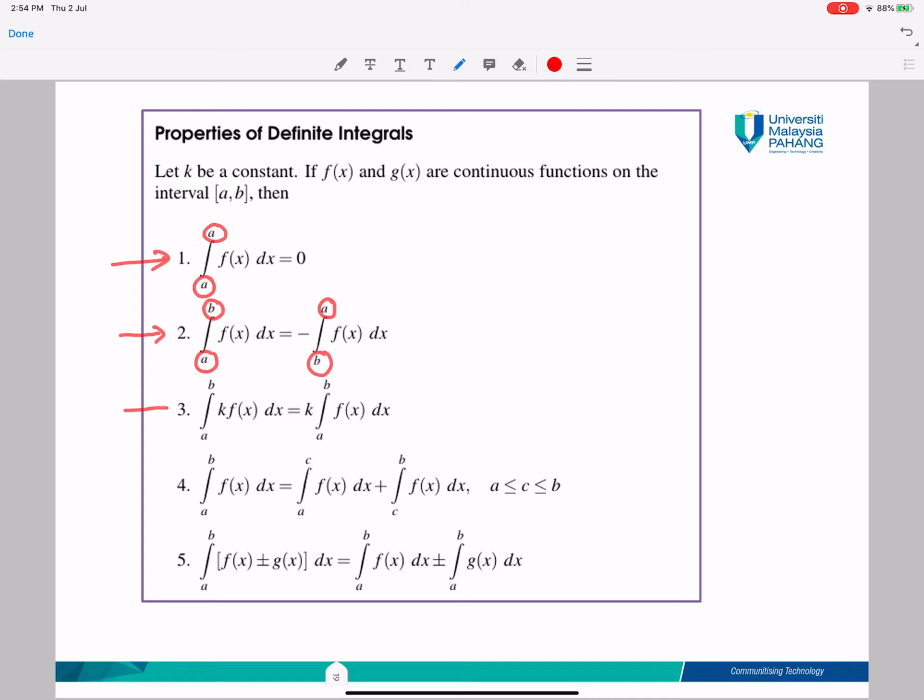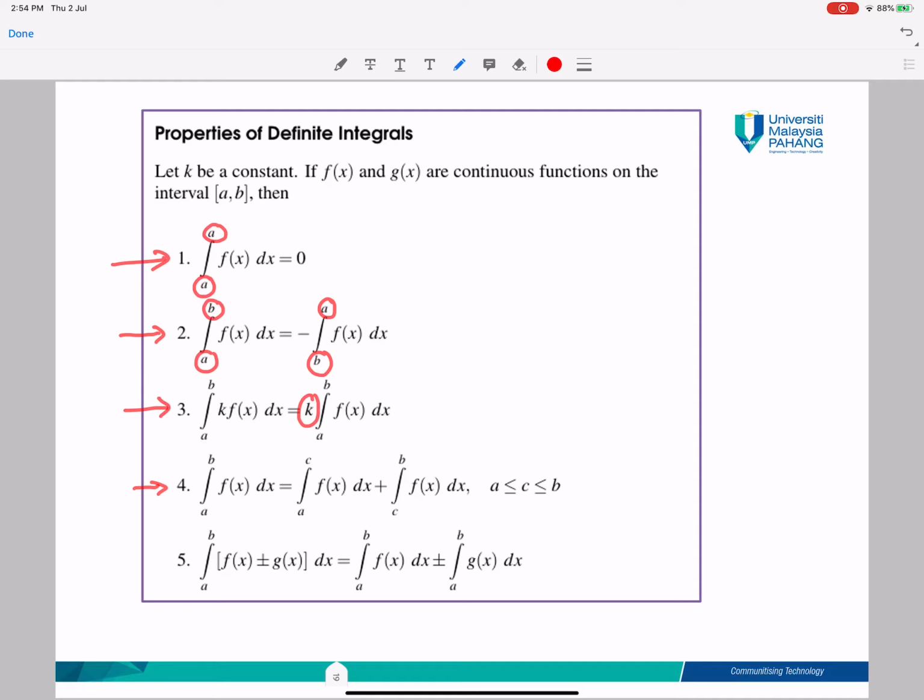The third property, integration from a to b k times f(x) dx, is equal to k times integration from a to b f(x) dx. In this case, the constant k is factored out. The fourth property, we have integration from a to b f(x) dx.